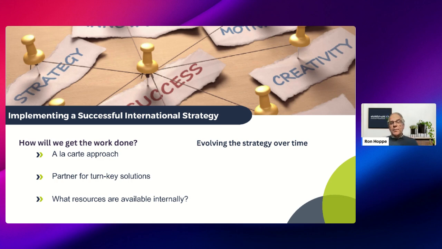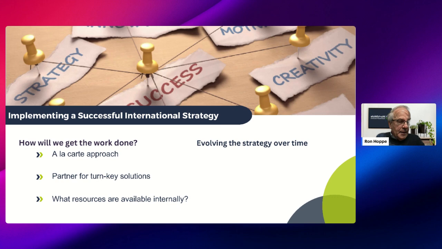And then while we're talking about what makes a successful international strategy, I think it's also important to understand that to be most successful, international recruitment should be viewed not as an event or a project or an initiative. It should be viewed as an ongoing component part of an overall staffing strategy.